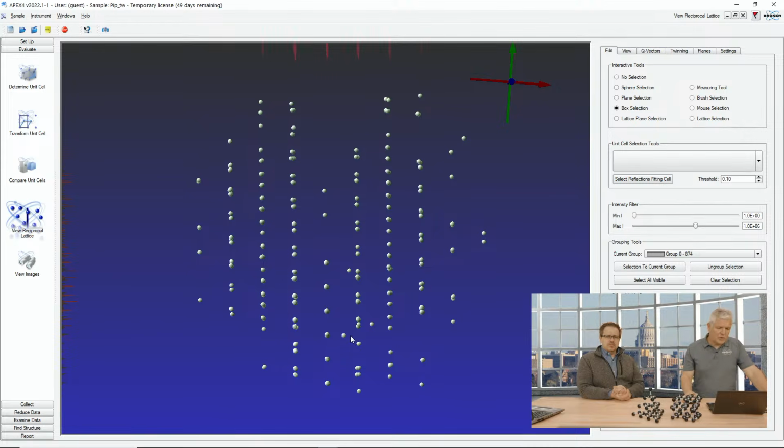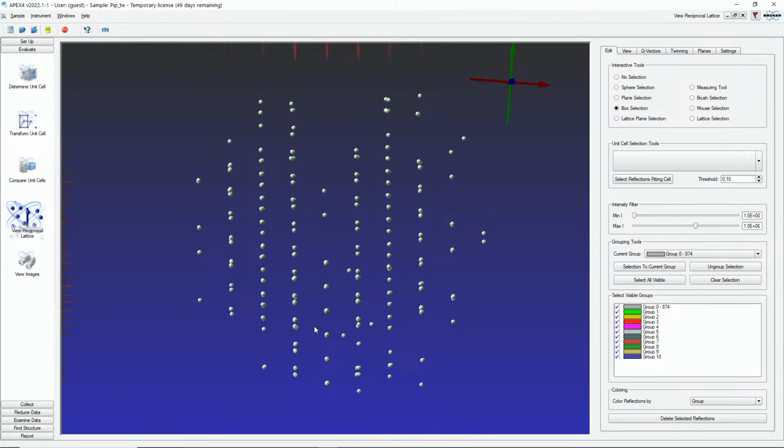If you could turn off the live feed, then we see the tools a little better. So we select these, and then we know, because we have pairs here, that every second reflection belongs to a domain. This method is maybe more useful when you really know how twinning works, but then it's really powerful.